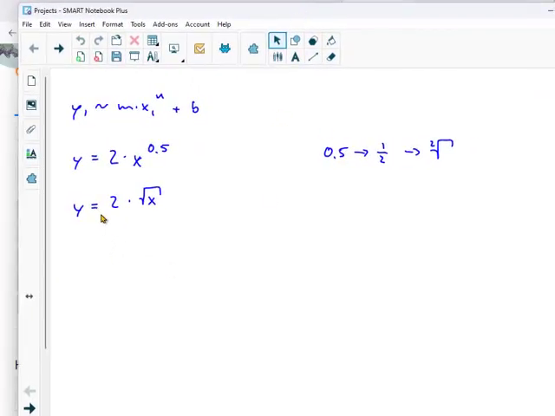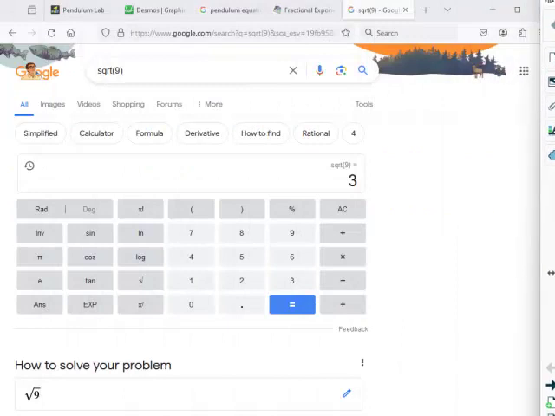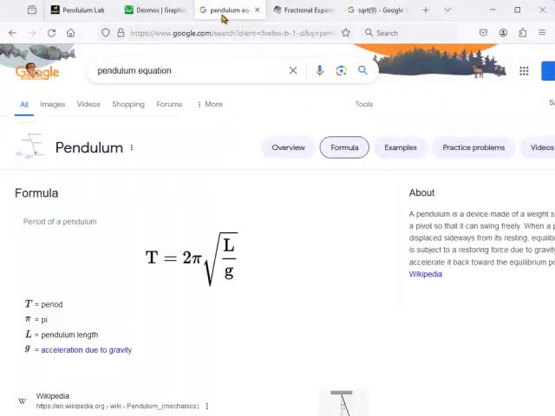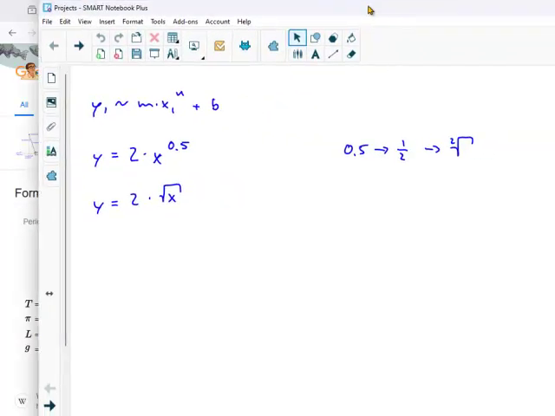Alright, I'm going to go almost back to this one here. So in the previous recording, once we analyzed the Desmos data, we came up with that y equals around 2 times x to the 0.5, respectively the square root of that. And that is the pendulum equation, which I'm sharing right here, so that t equals 2 pi square root of L over g.